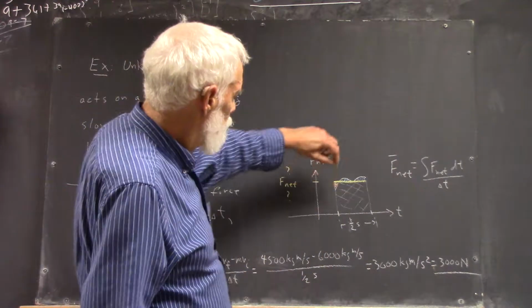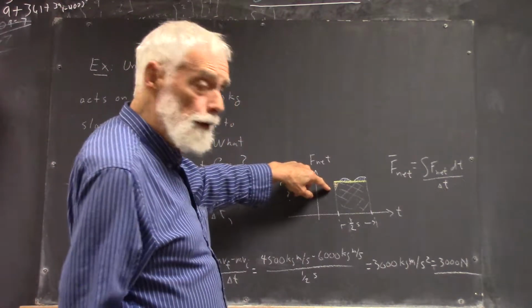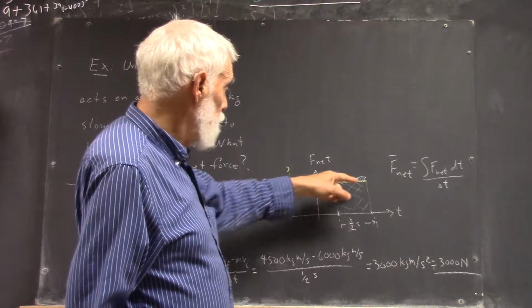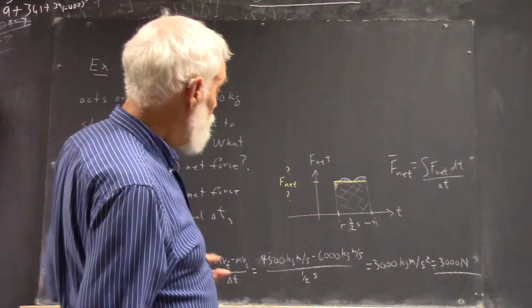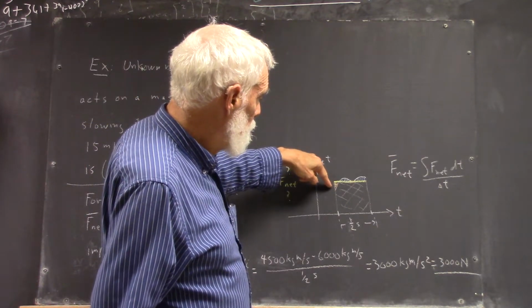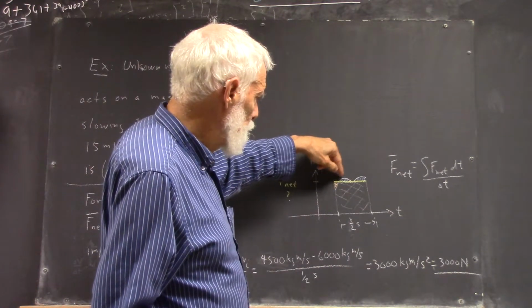If the total area of the regions above the straight line is equal to the total area of the regions below the straight line, then the straight line is a pretty good representation of F net bar. In this case, I think we've got a little more area up here.